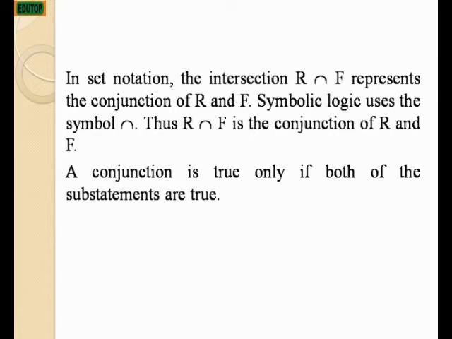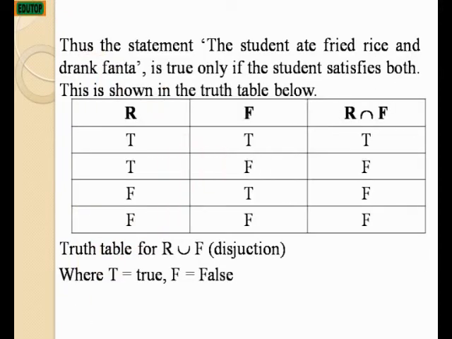A conjunction is true only if both of the sub-statements are true. Thus, the statement, the student ate fried rice and drank Fanta, is true only if the student satisfies both statements. That is, they ate fried rice and they drank Fanta.